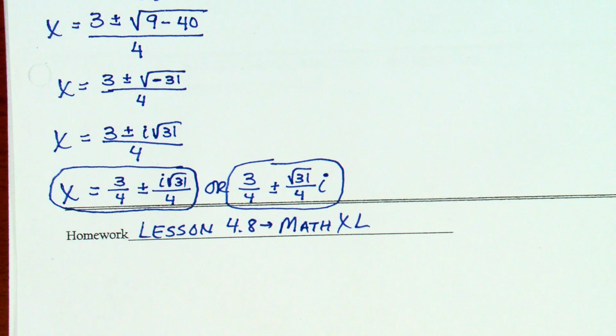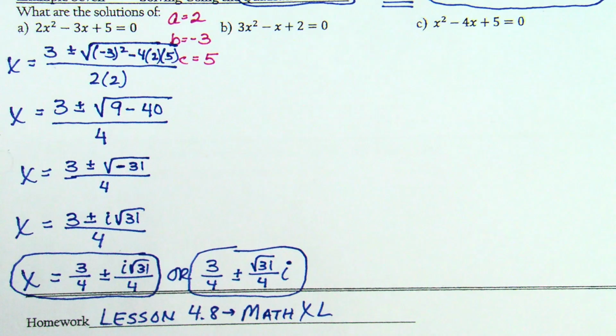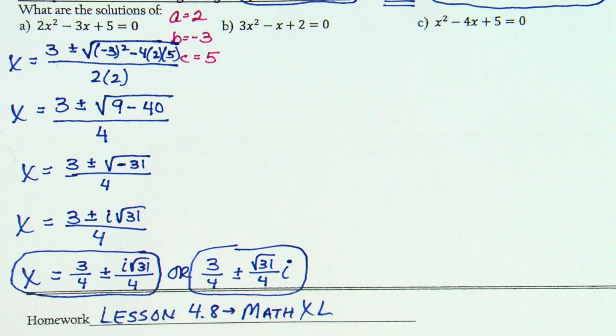Okay, you ready for C? What's the first question you're asking yourself? Does it equal 0? It does equal 0. That's good. What's the next question? I like to ask and write down, what are my ABCs?